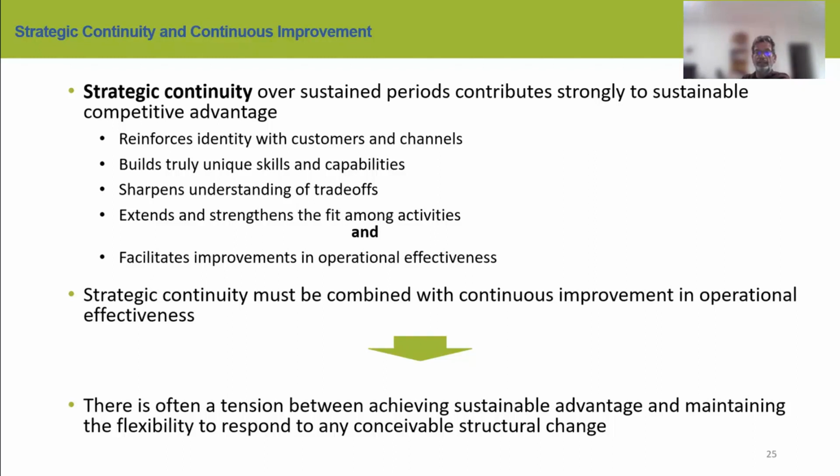There is often a tension between achieving sustainable advantage and maintaining the flexibility to respond to any conceivable structure change. We understand here the contradiction because we try to keep the strategic continuity, but also we have to be ready if there is need for structural changes, for this to be able to take place.